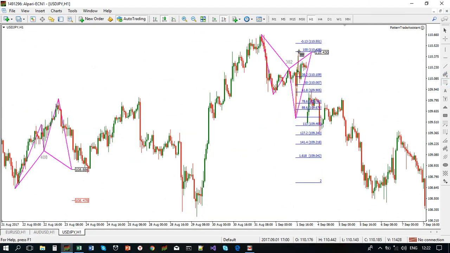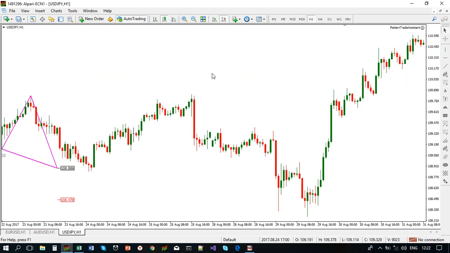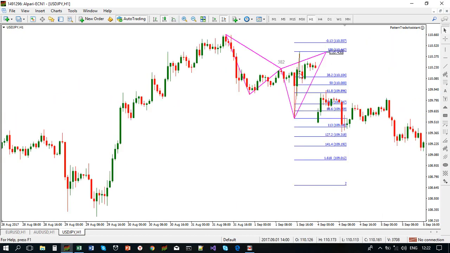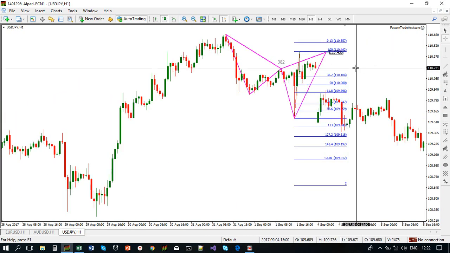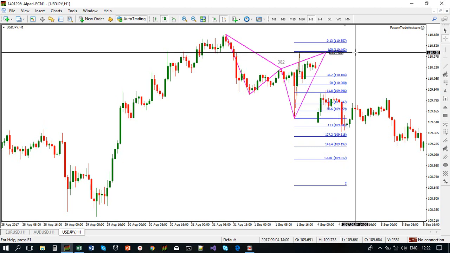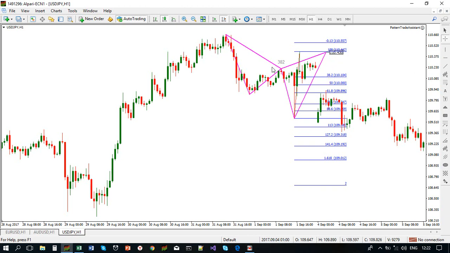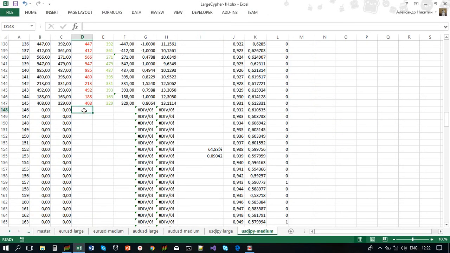You see how it spiked through the entry, and it began moving to the downside, even gapping to the downside. 32.5, 32, 38.2, 32.5.